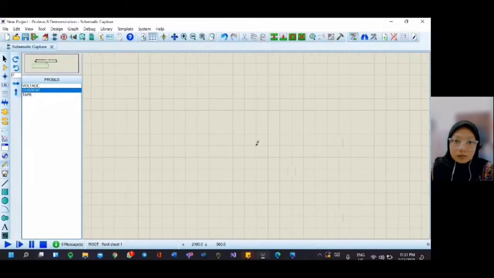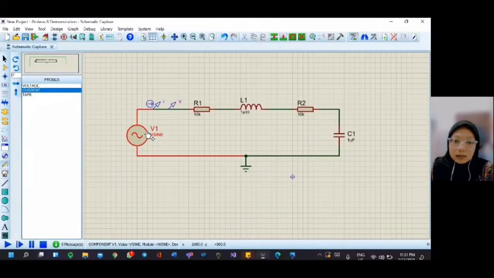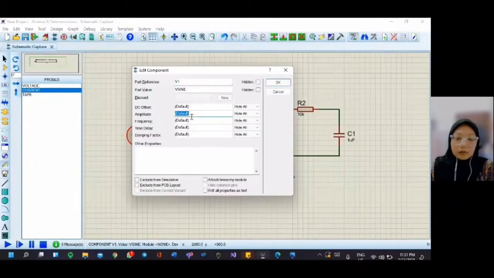Okay, now we insert the value for the component.